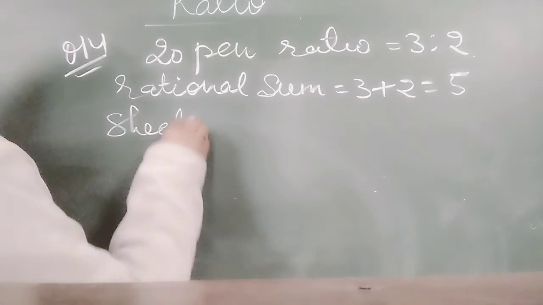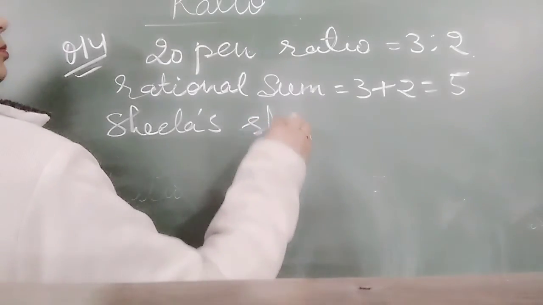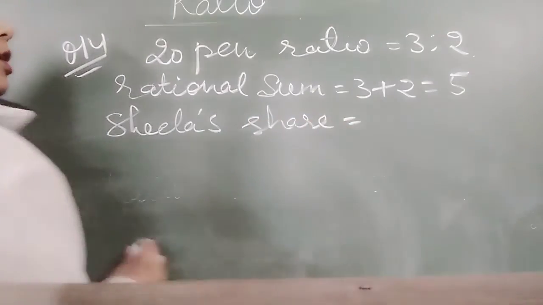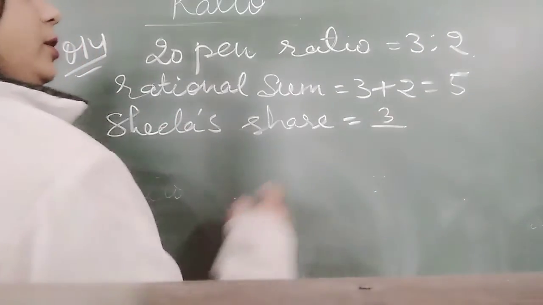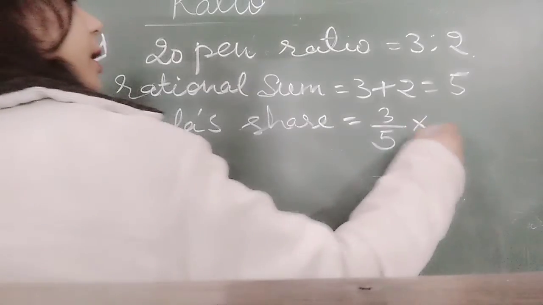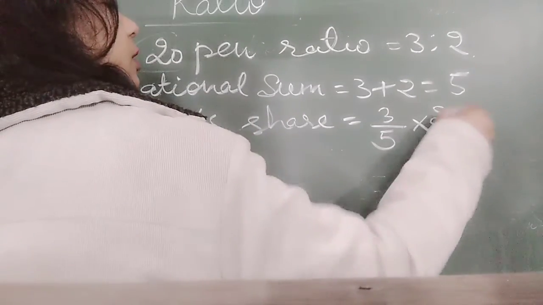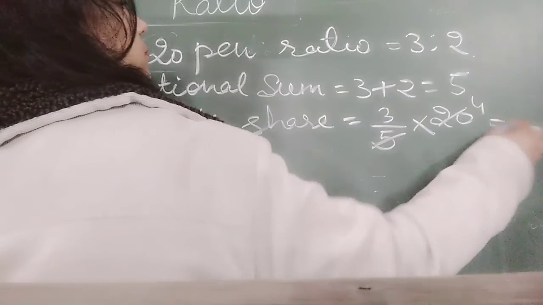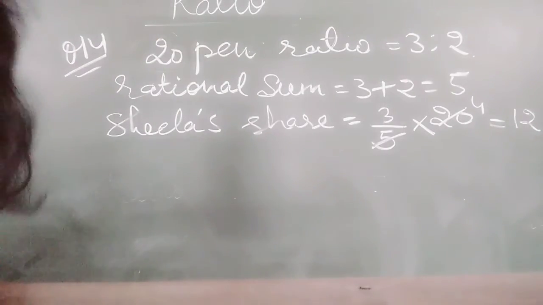Now for finding Sheila's share, in the numerator we will keep Sheila's ratio, and in the denominator we will keep the ratio sum, multiplied by the given number which we have to divide. So what is Sheila's share? 12 pence.